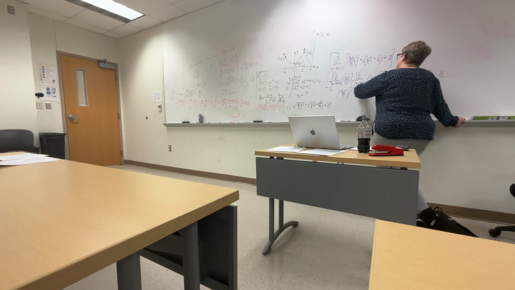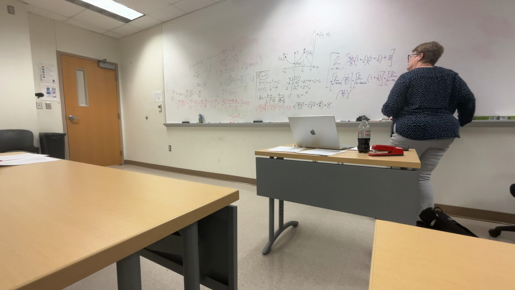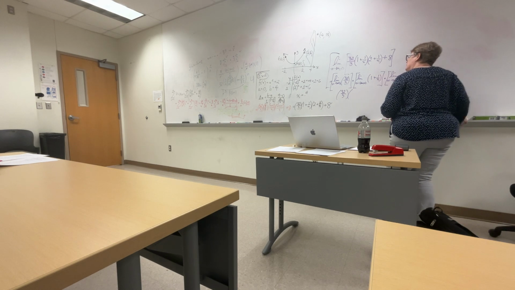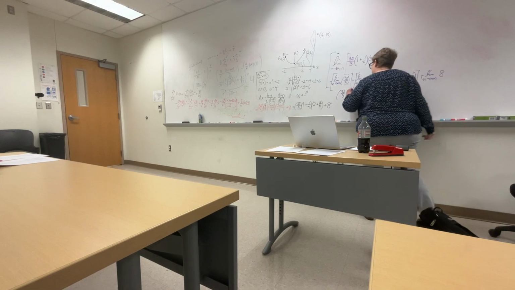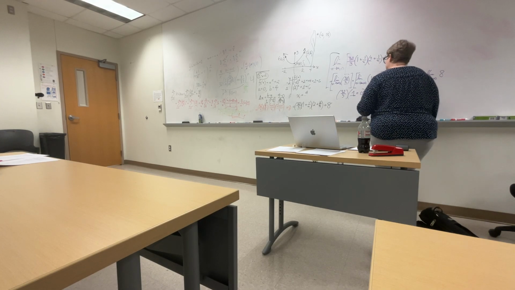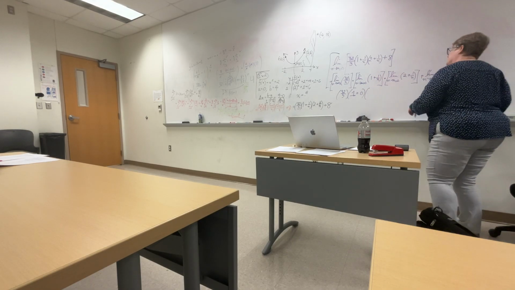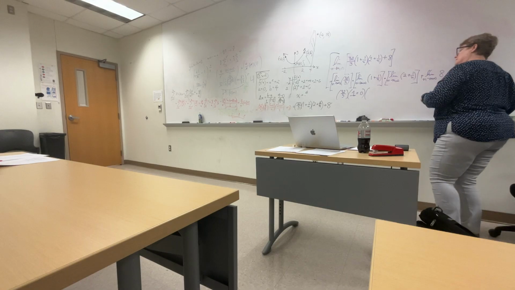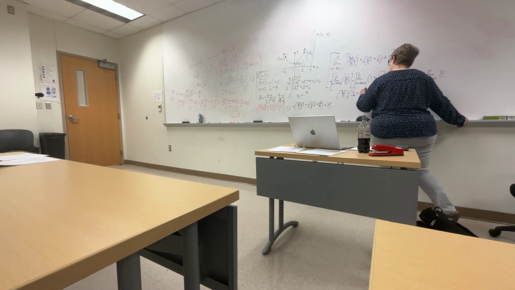The limit as n goes to infinity of 1 plus 1 over n is one. Good. I'm going to write 1 plus 0, just to remind us that the 1 over n went to 0. And the limit as n goes to infinity of 2 plus 1 over n, 2 plus 0. Good.